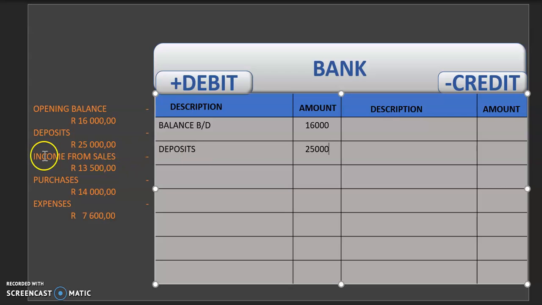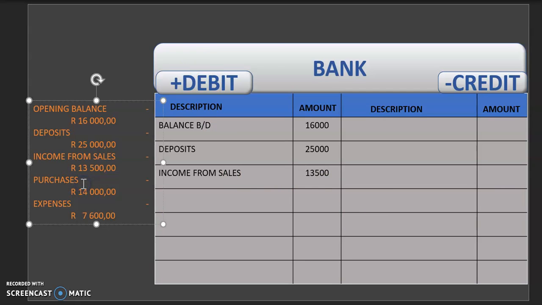And then number three, we have our income from sales. That's money coming into the business, so that must go on your positive side. It's a good transaction. Income from sales. So this is just an example, guys, of transactions that go on your debit side.